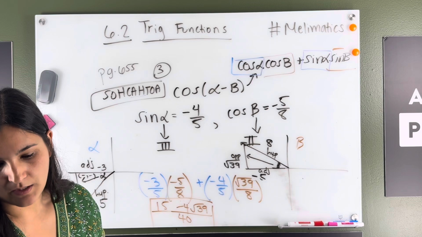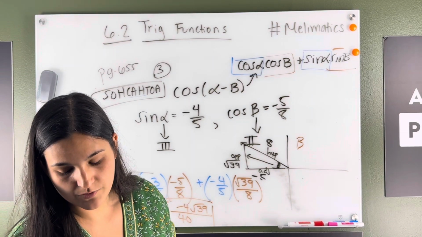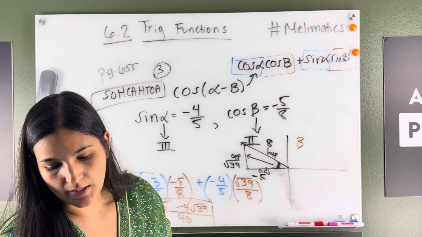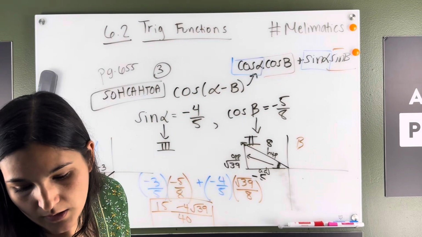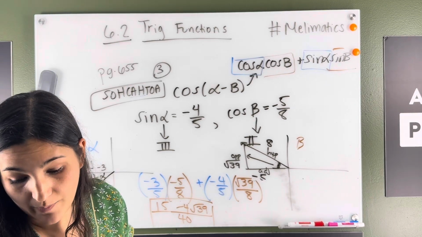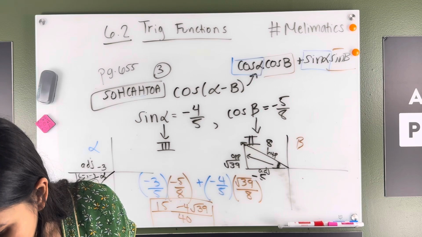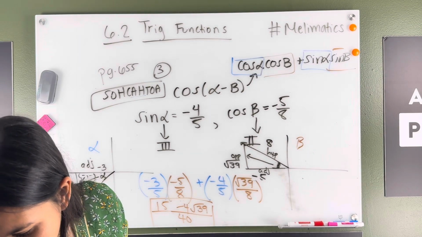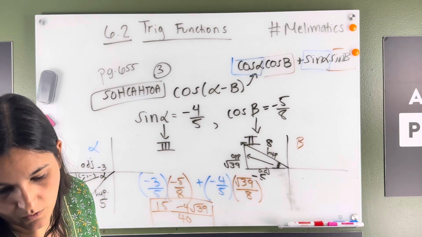Alright, example 4 is similar in the sense that you have two angles, and you're going to use either the cosine or sine sum and difference formulas, but we're still going to have two right triangles. So we'll go ahead and do it.